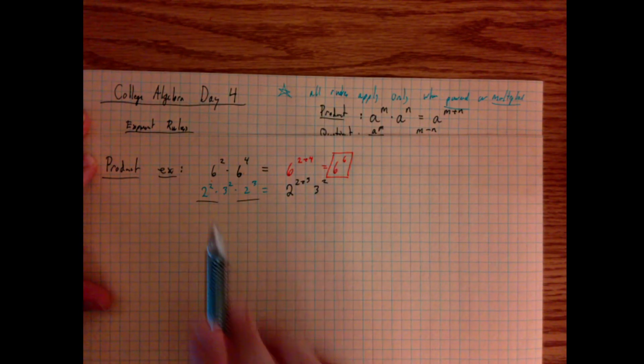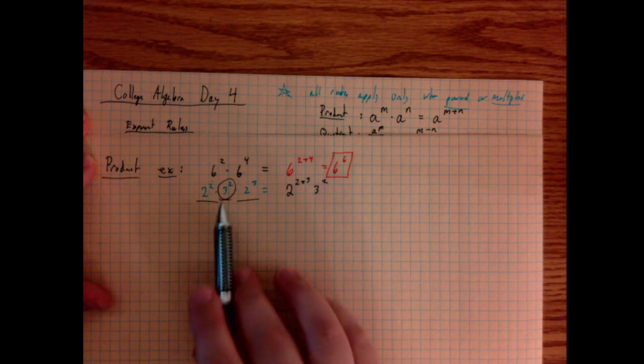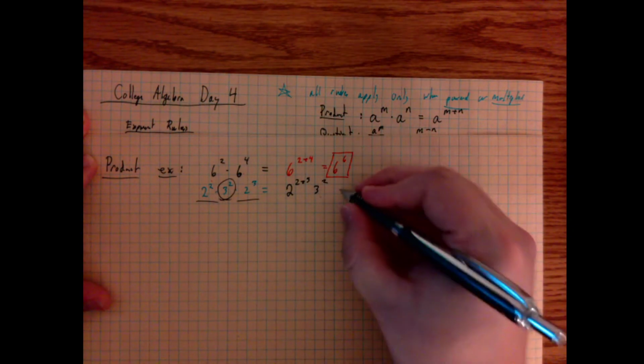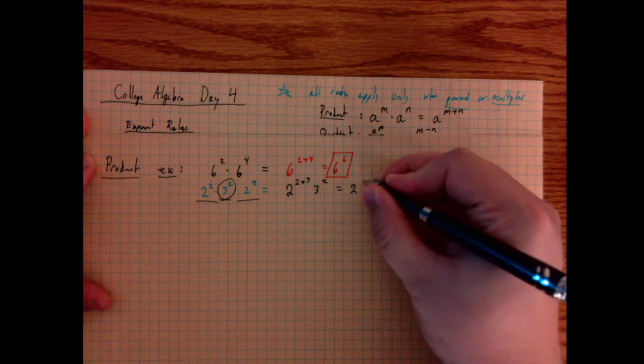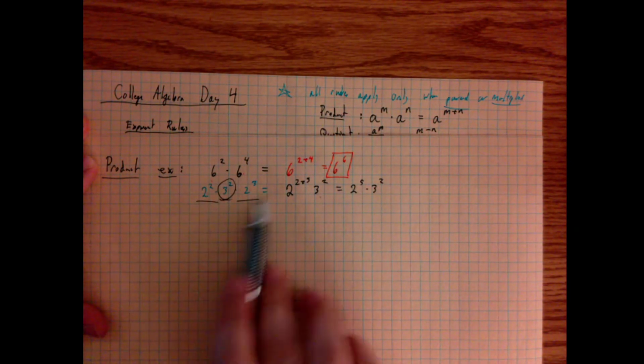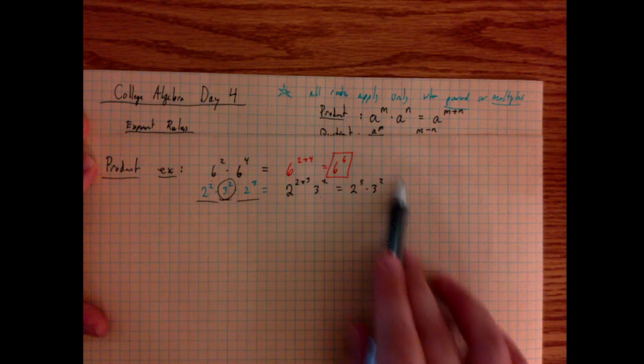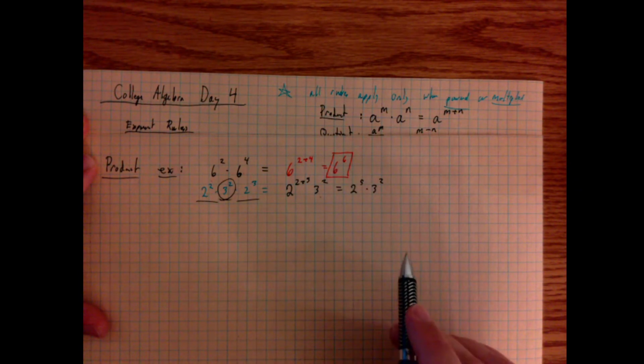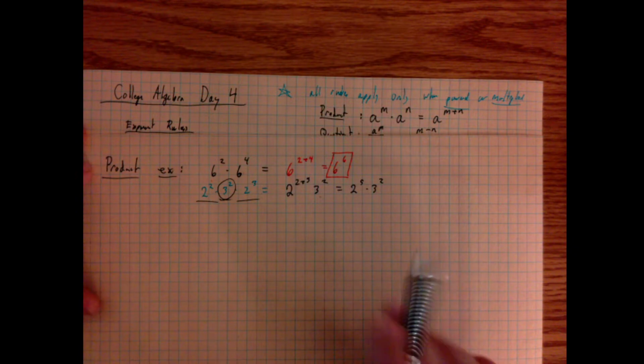It doesn't do anything, because that 3 doesn't have any partners to dance with. And so in this example, this would become 2 to the 5th times 3 squared. And if you type this statement into a calculator, this left-hand side is equivalent to this right-hand side. So you know it works. So this is the product rule.